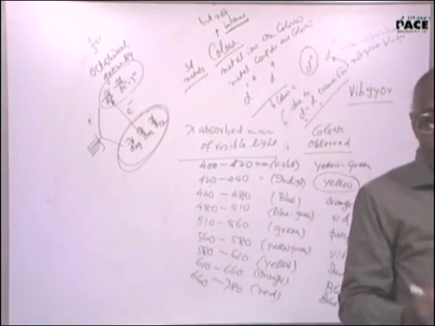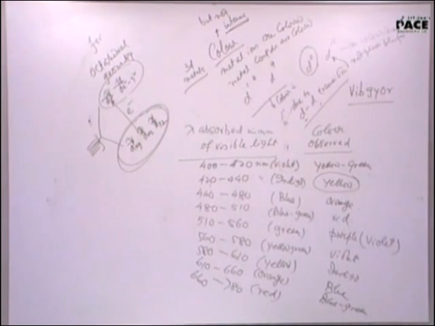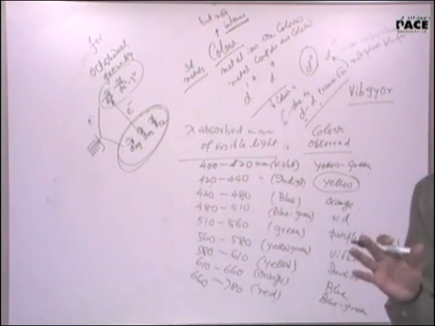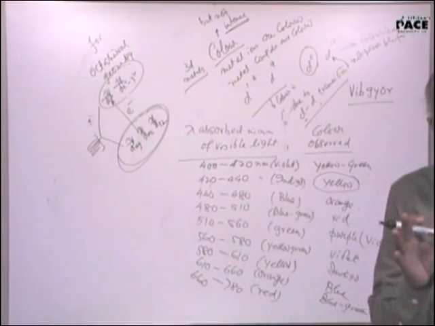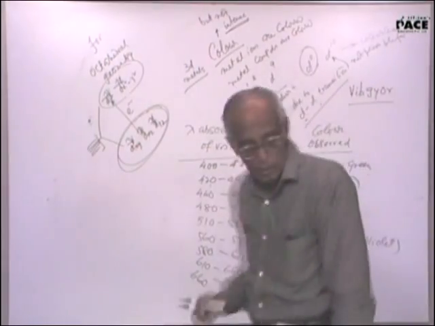The intensity of the color will not be very high. Copper sulfate is blue, chromic sulfate is green, nickel chloride is green. They are colored, but not strongly colored.